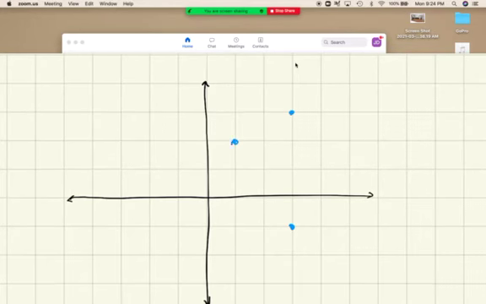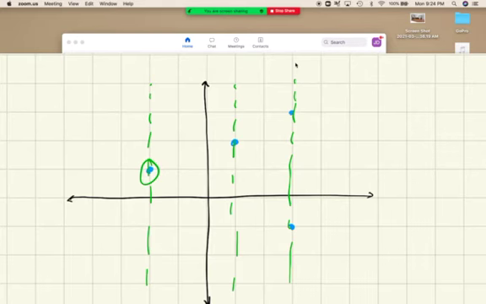So this wouldn't be a function, because if I drew vertical lines, to pass the vertical line test, this is what this is. It's the vertical line test. To pass it, which means you do have a function, anytime you draw a vertical dotted line, it should only touch one thing at a time.